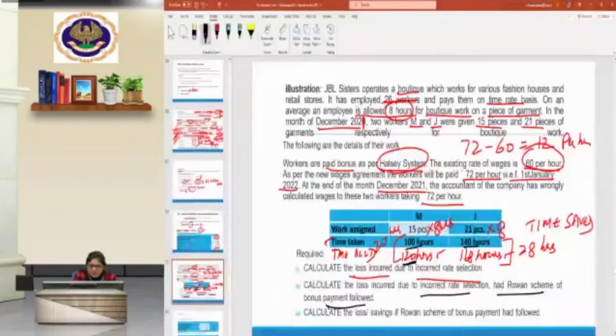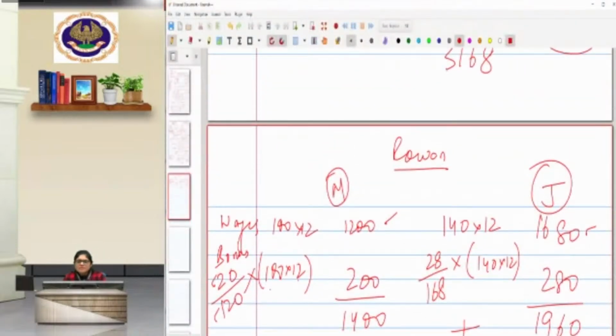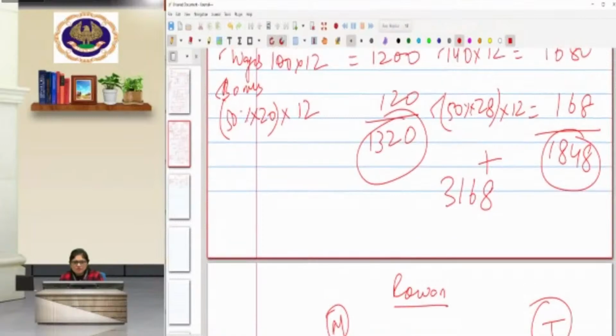The third part. The third part is calculate the loss of savings if the Rowan scheme of bonus had been followed. So what is the loss of savings if the Rowan scheme of bonus had been followed? All right. See, we actually followed the Halsey.